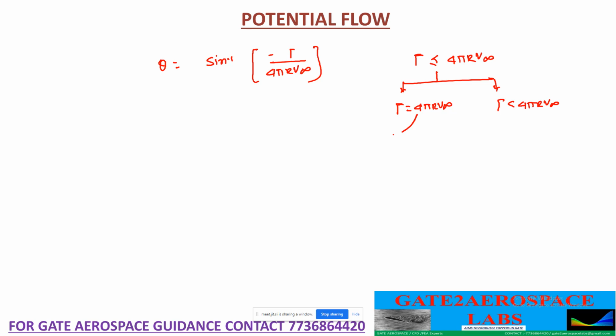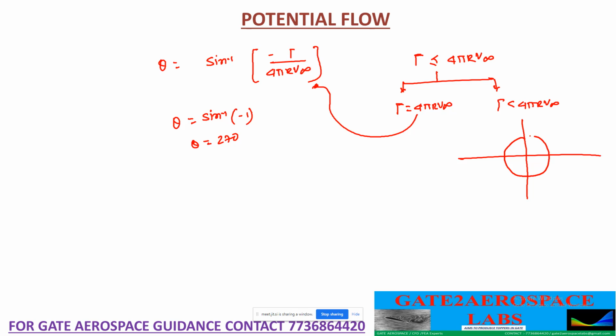First, consider the equal case. Then you will have theta equal to sine inverse of minus 1, and that theta will be equal to 270 degrees. Right? And from this expression, you can tell that sine theta is negative only in the third or fourth quadrant. That means my root lies either in the third quadrant or in the fourth quadrant.